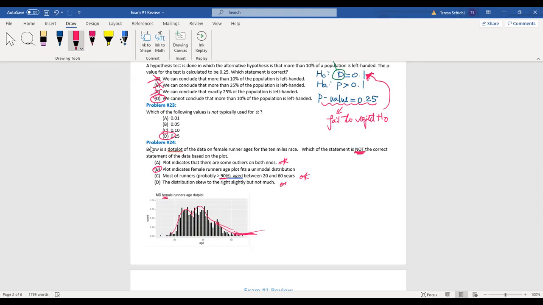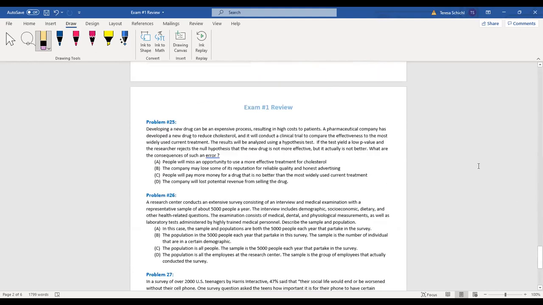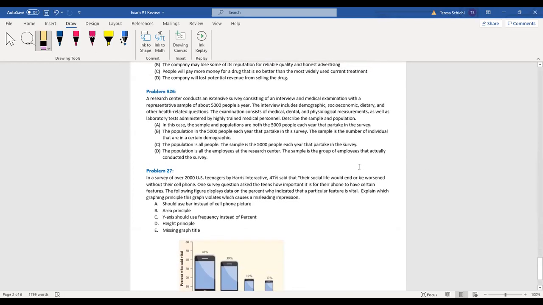So this is a true statement. The only thing that is not right is part B. It doesn't look like a unimodal. It has a few peaks there. All right, let's take a look at the last three problems.